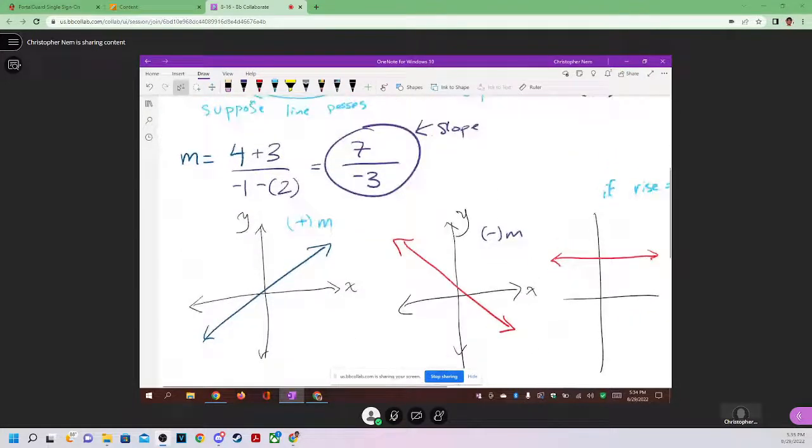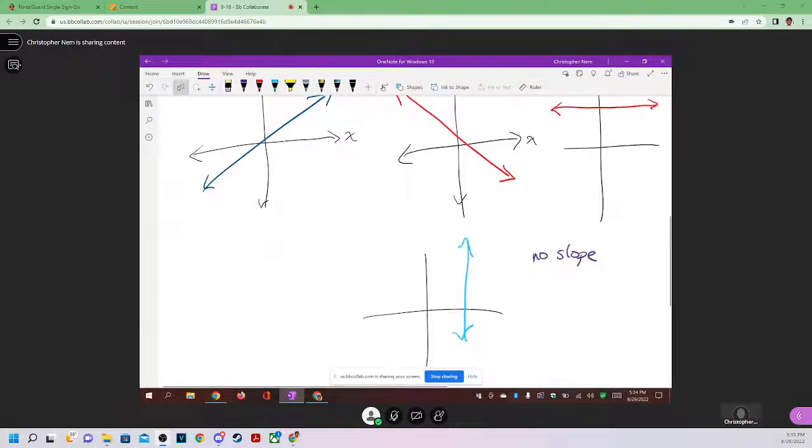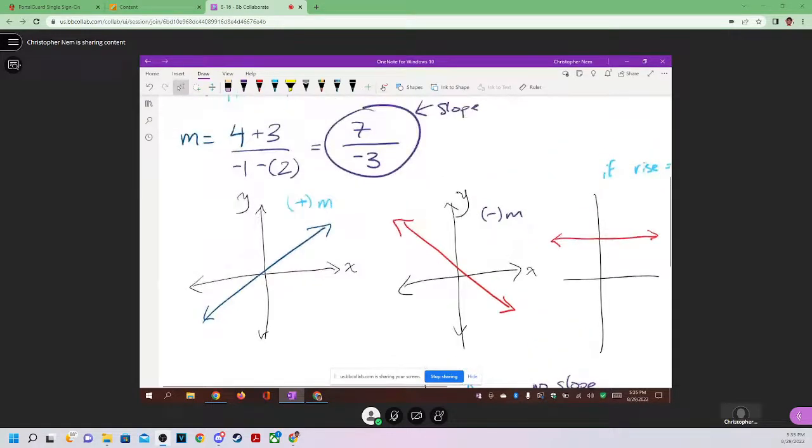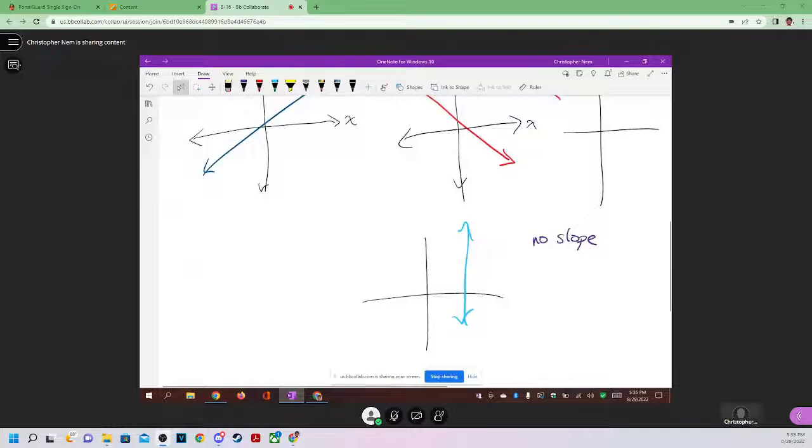Now, you get no slope if you're dividing by 0. Not 0 divided by a number, but you're dividing by 0 instead. Because you can't have a number divided by 0, then you get no slope. So it's a vertical line in this case. You're rising without even running, which should already cause problems if you think about it.